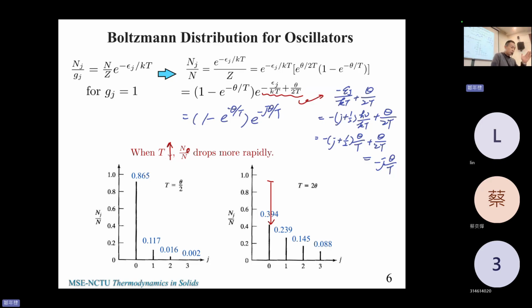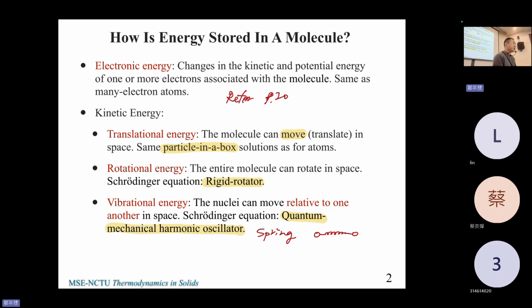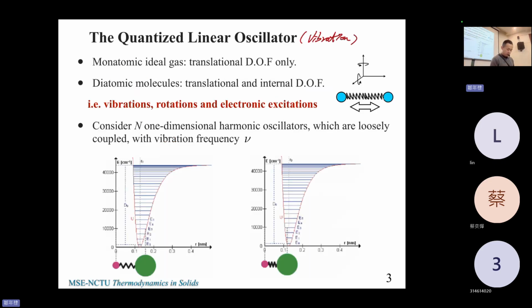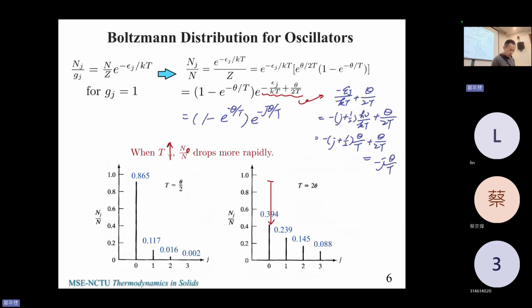You can refer to the temperature by how many times your characteristic temperature, for example half the characteristic temperature, or double your characteristic temperature.